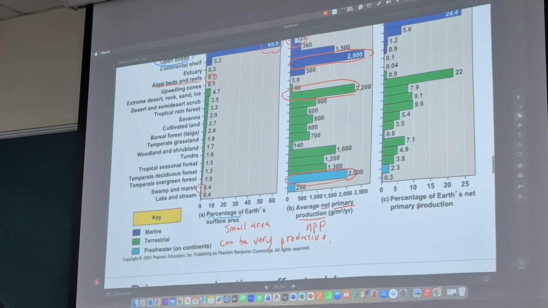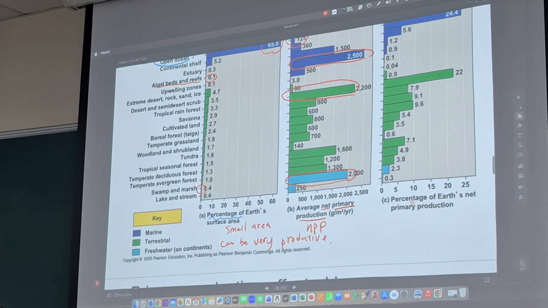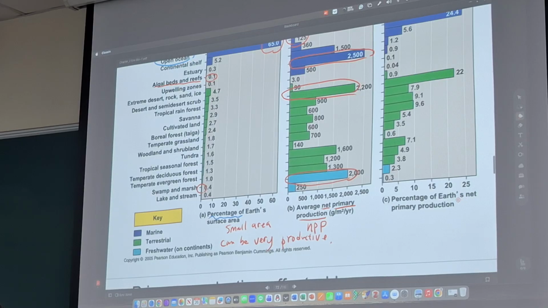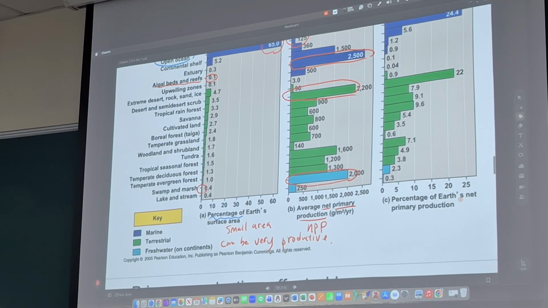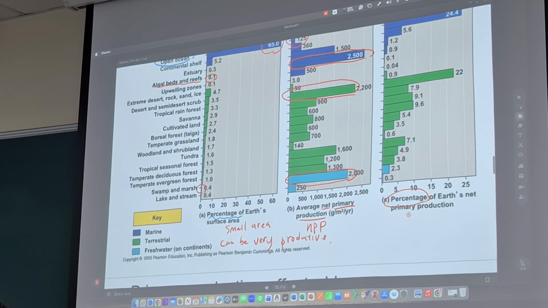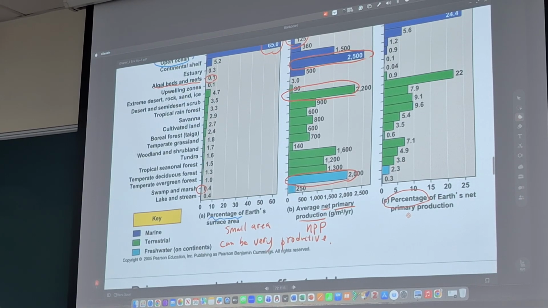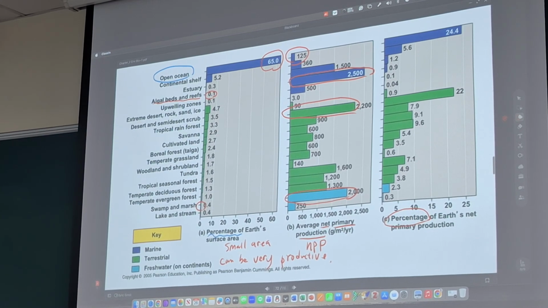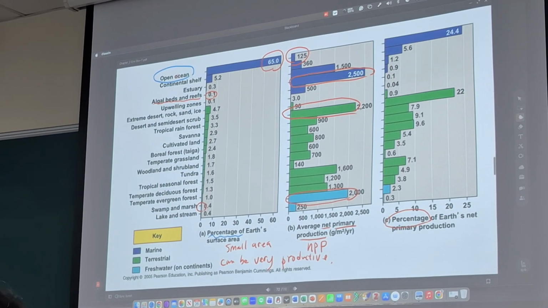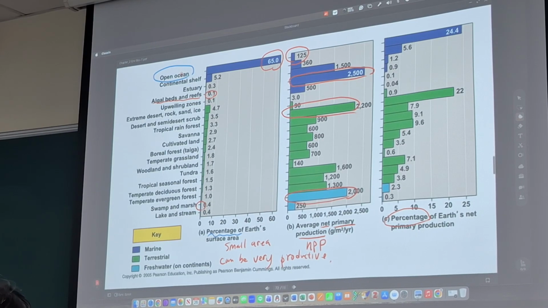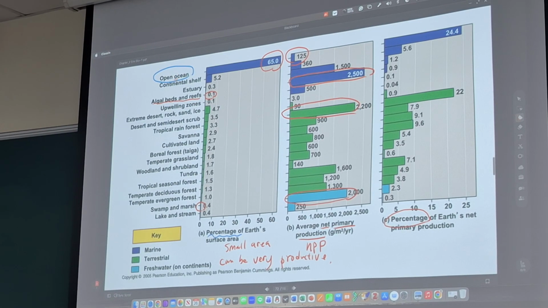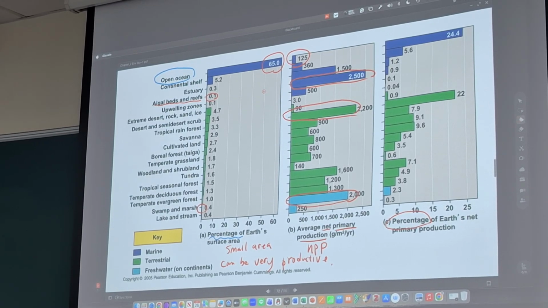Okay, and C is the percentage of the Earth's net primary production. This is a percentage, so this means the total contribution to Earth's productivity. From these three graphs, they tell us the open ocean occupies a huge 65%, but the productivity is very low.